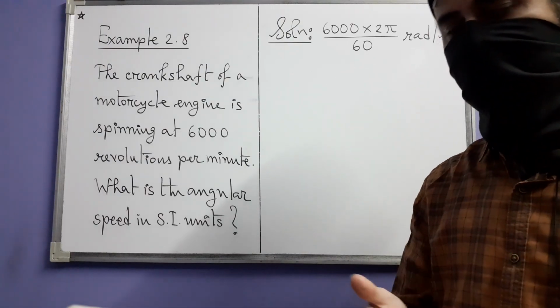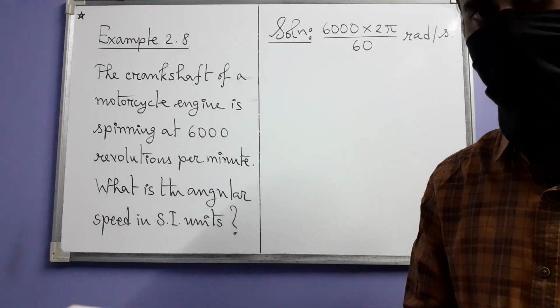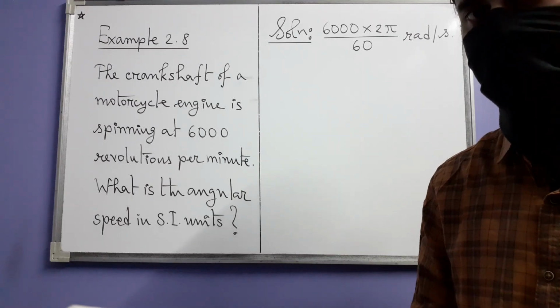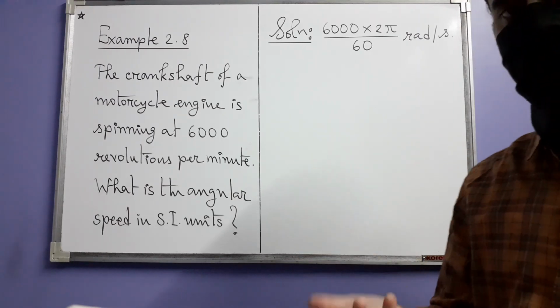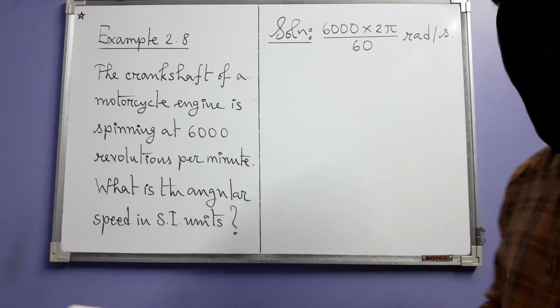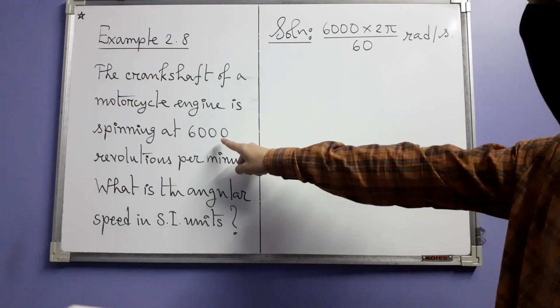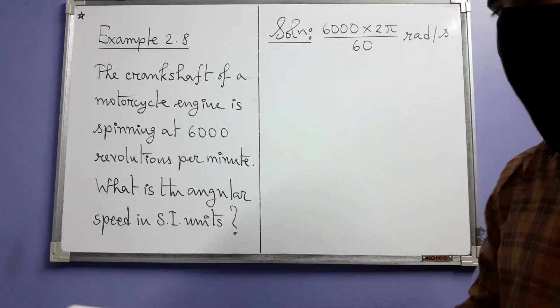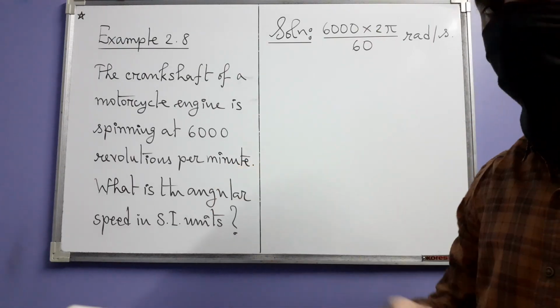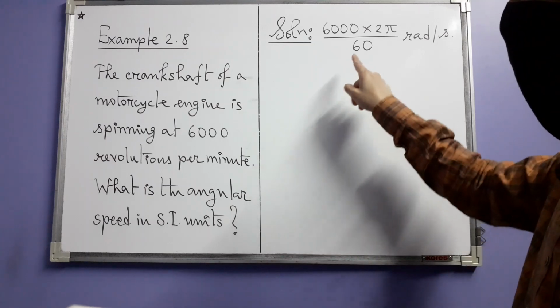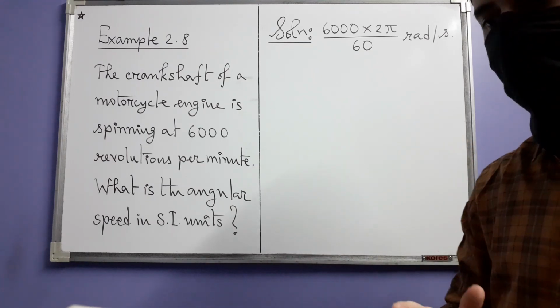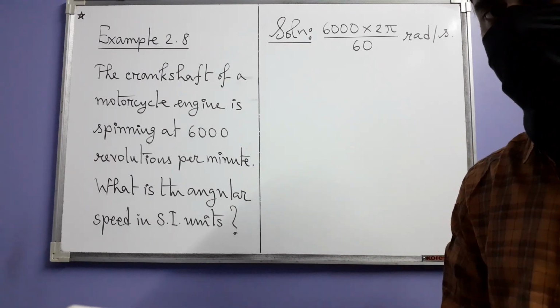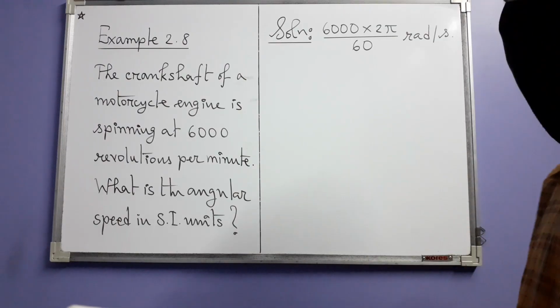One complete revolution equals 2 pi radians, that you already know, 360 degrees. Here it's not given in degrees but number of revolutions. So 6,000 such revolutions means 6,000 times 2 pi radians. But it's given per minute, which you have to convert into seconds. So that's why you divide by 60. I leave the simplification of this to you, radian per second of course.